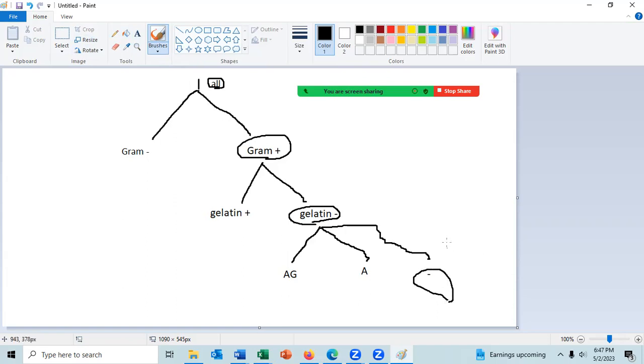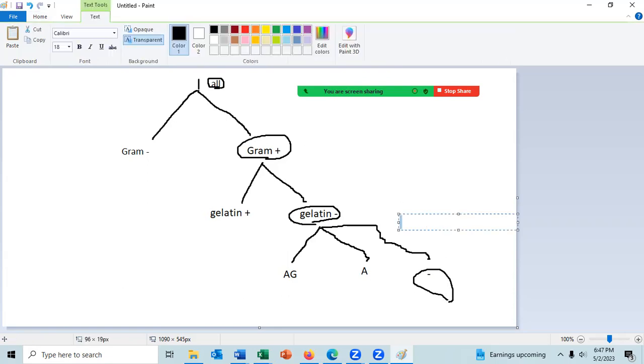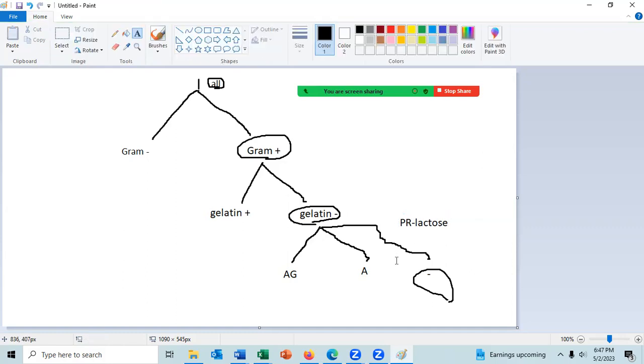So let me put that there, which will go negative. The point is, you're doing one test at a time, and that is following dichotomous logic. Okay, any questions about that?